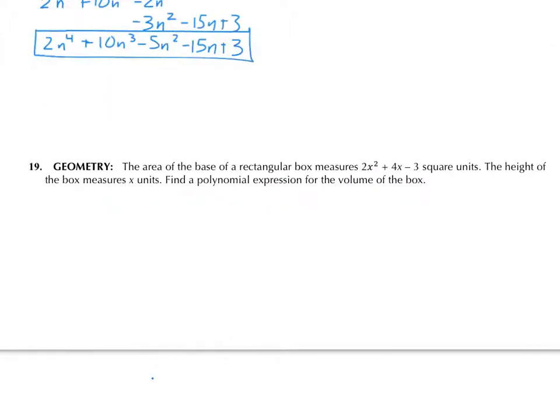For the last one, recall that the area of a box or a rectangular prism is capital B times H. Capital B is the area of the base. So we have the area of the base, and we want the volume. We also have the height, so we just take the base area and multiply it by the height.